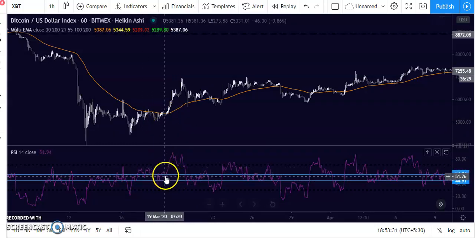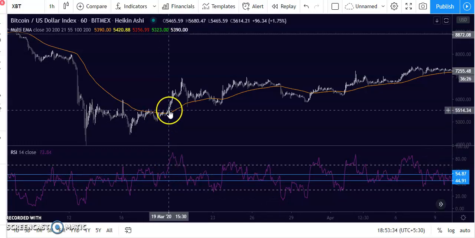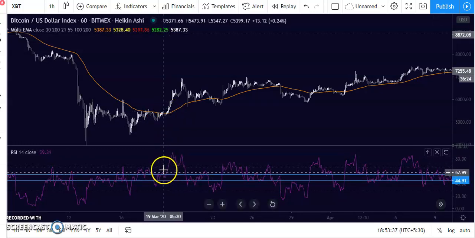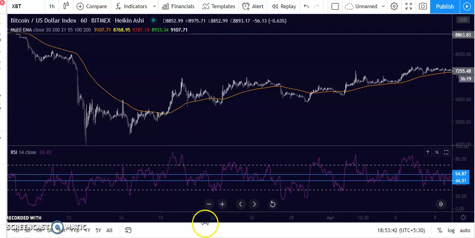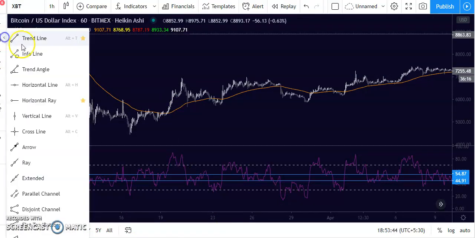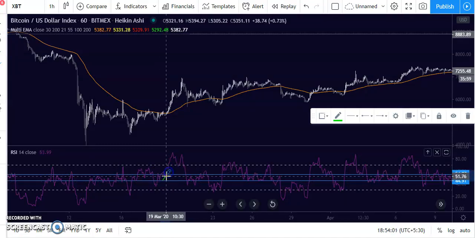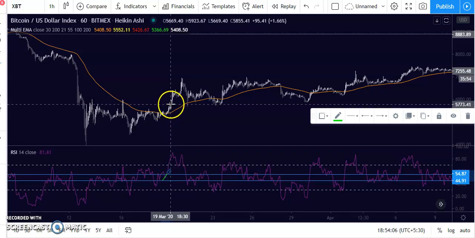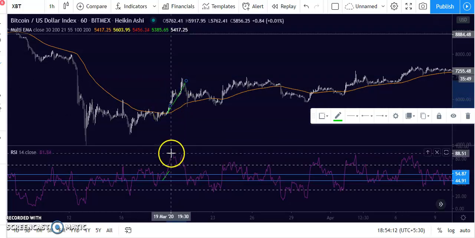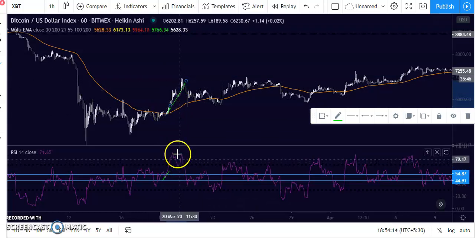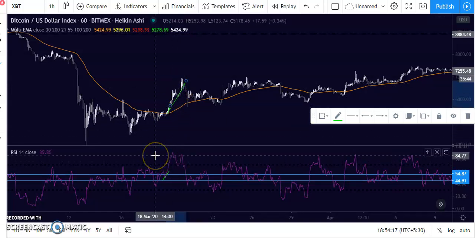If the price is above 55 RSI, then the trend strength is really good and the bulls are in power. So see here, the price crossed above the 55 RSI line and crossed this 200-day moving average, and we got a nice trend here.